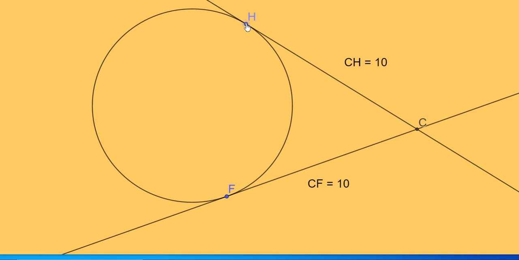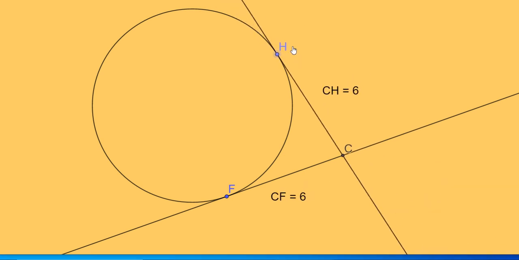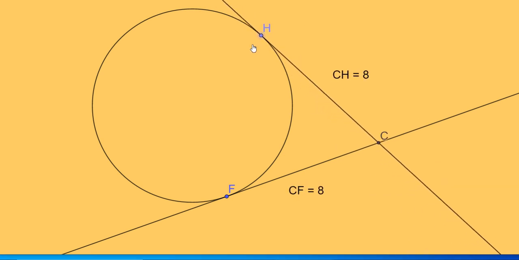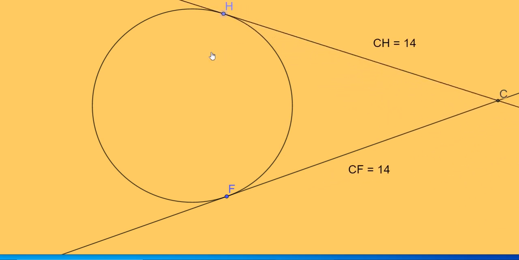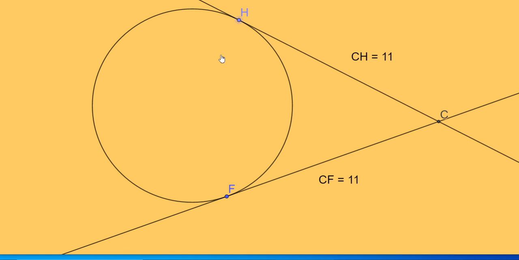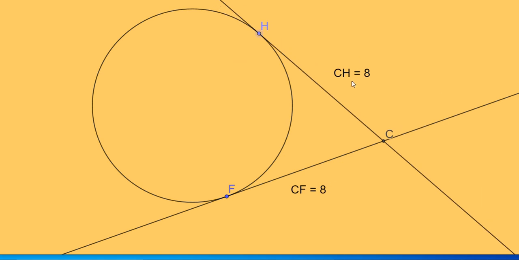Here you can see the lengths of CH and CF, that is the lengths of tangents. In all the cases they are equal. This is a theorem. Now, let us go to the theorem.